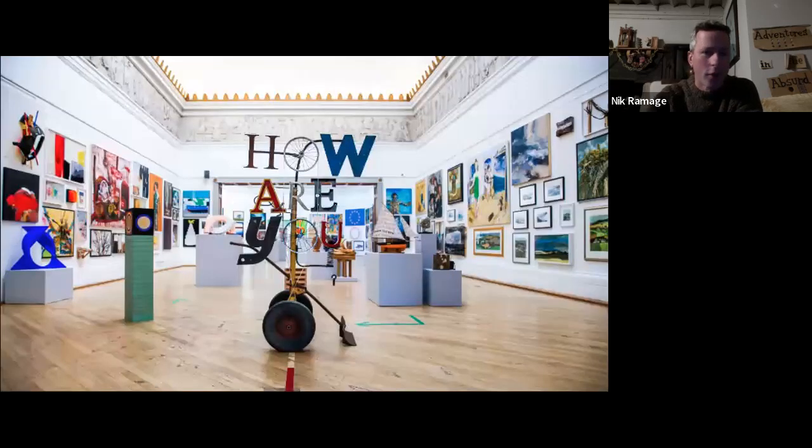So that's, unsurprisingly, called "How Are You?" This gallery here is in Bristol. It's a case in point of found materials. A lot of these letters would have been from shop signage, and there's a couple of bike wheels in there.